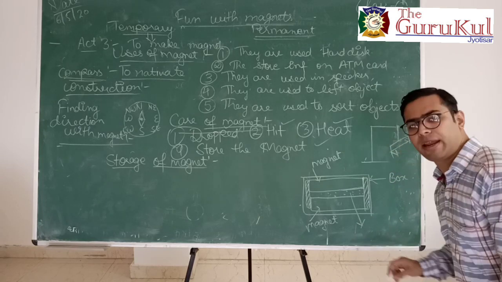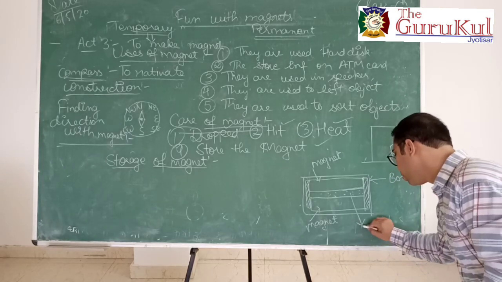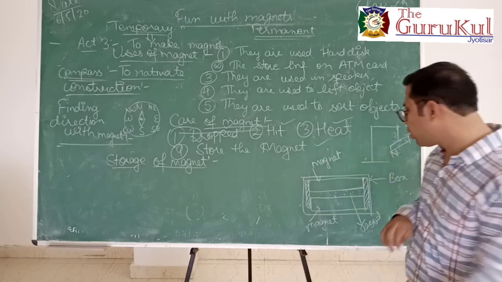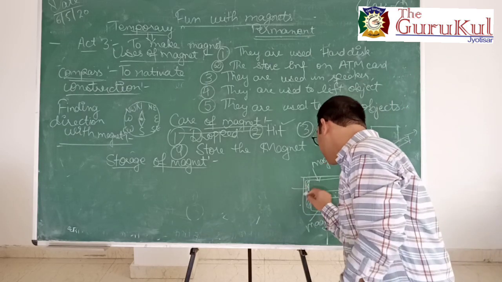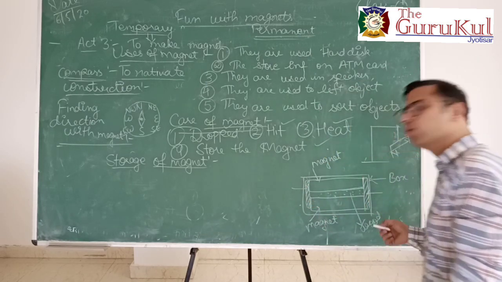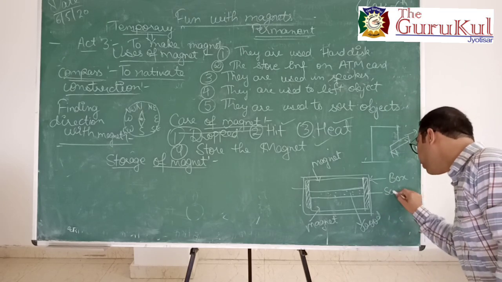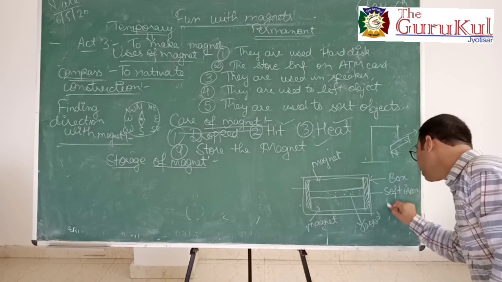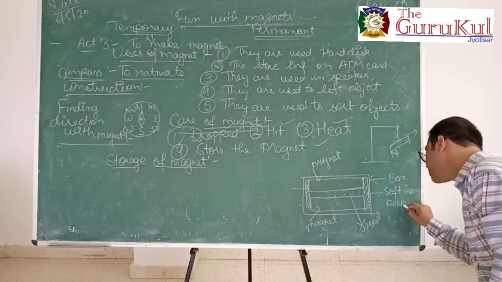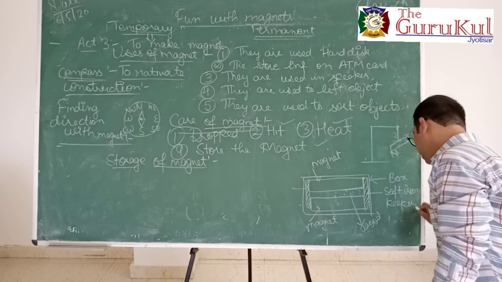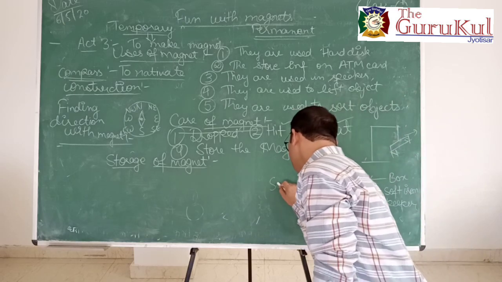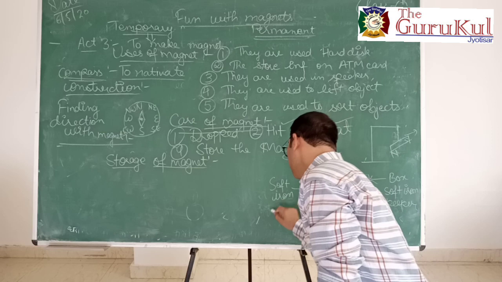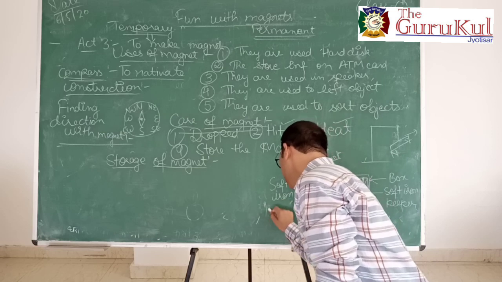In the middle of the magnets, it is a small piece of wood. And these two are made up of soft iron, and they are called keepers.